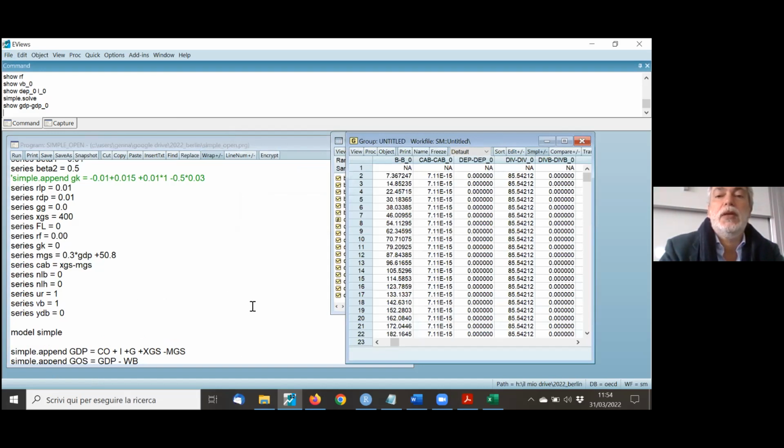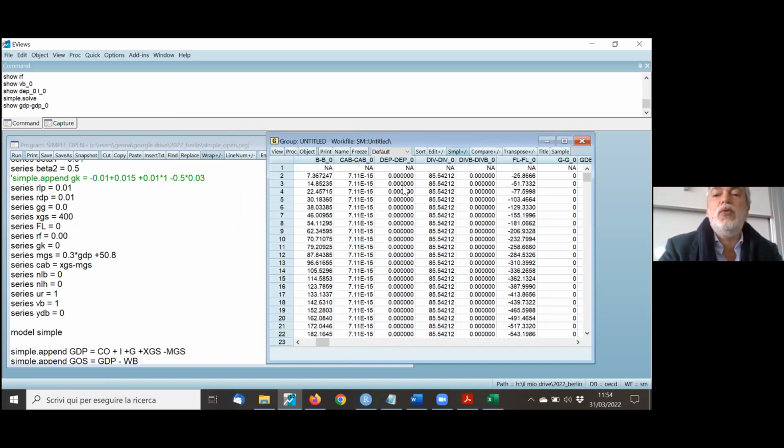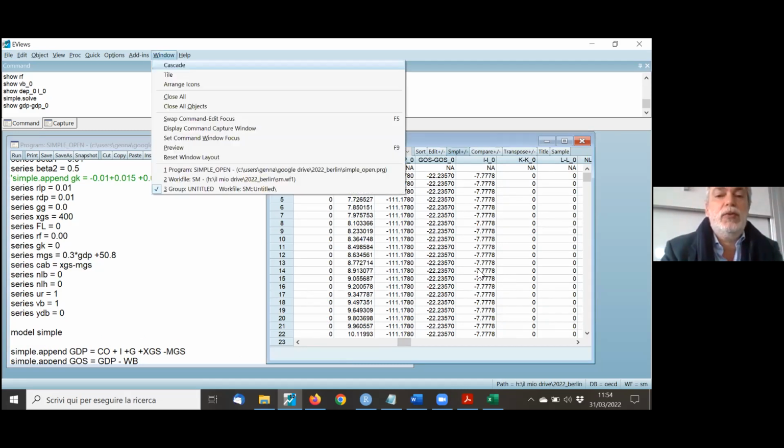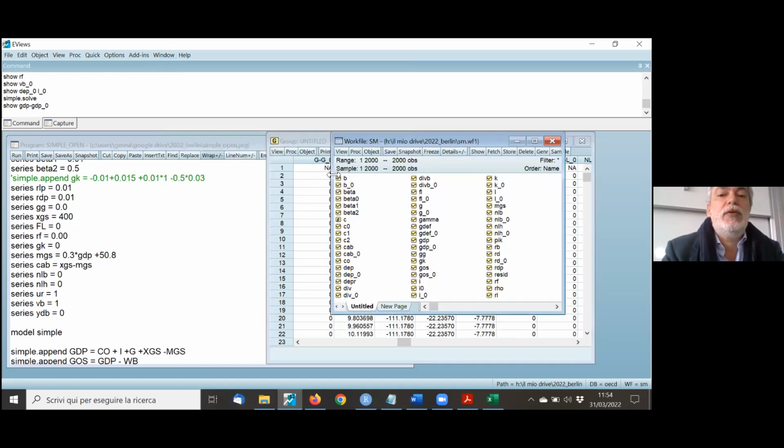Okay. And now I can at least check which variables are different, by how much they are different from my starting values. And I can try to work out how to have the model solve.